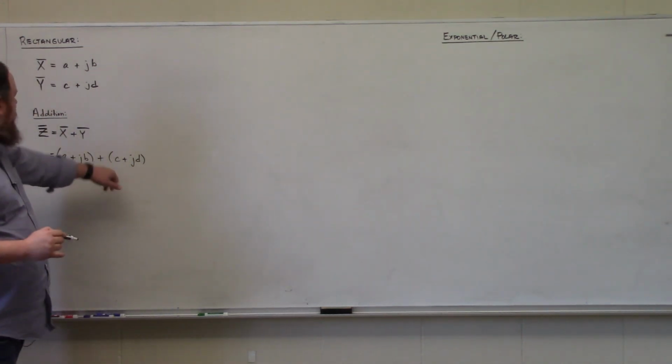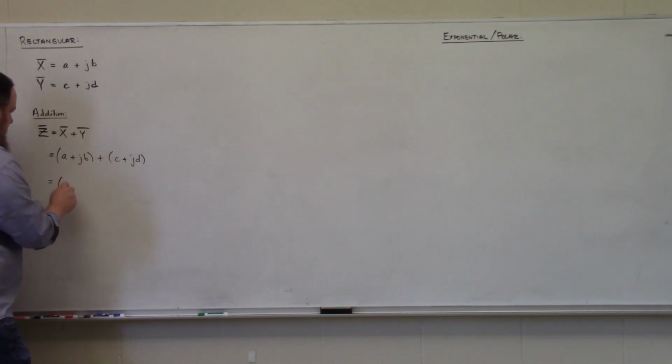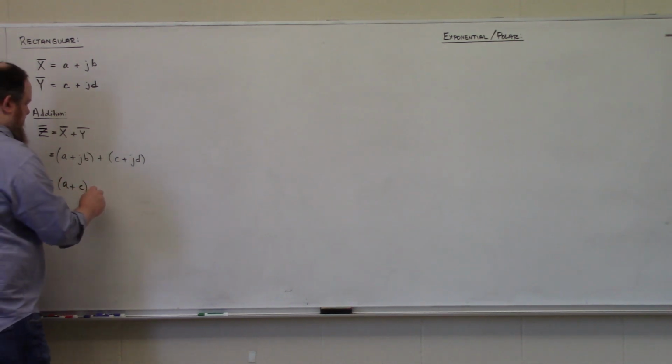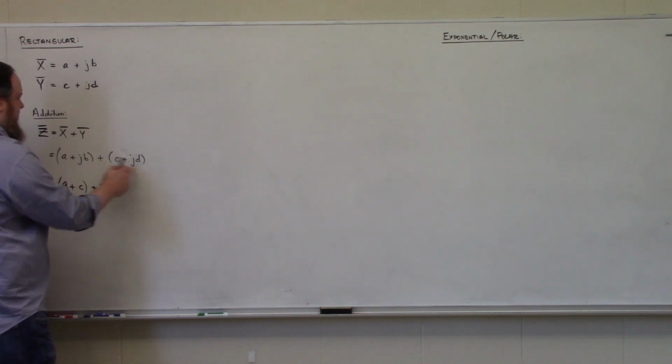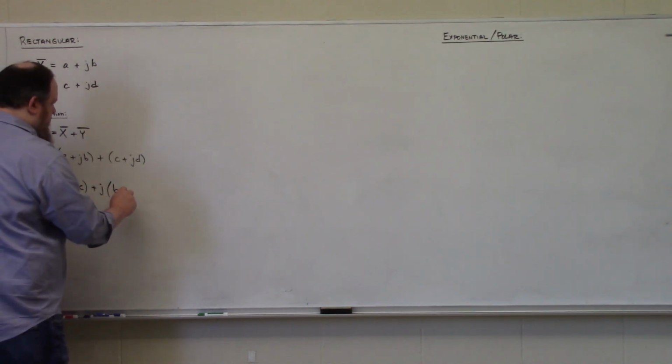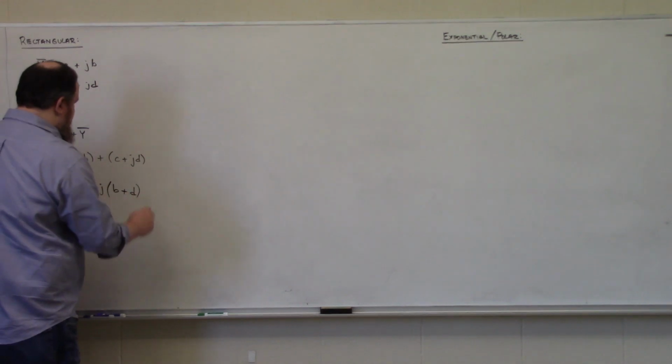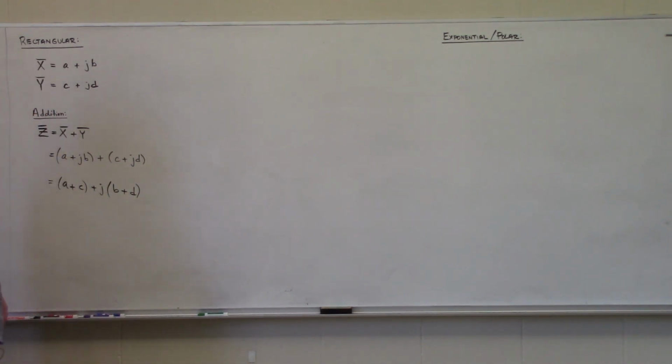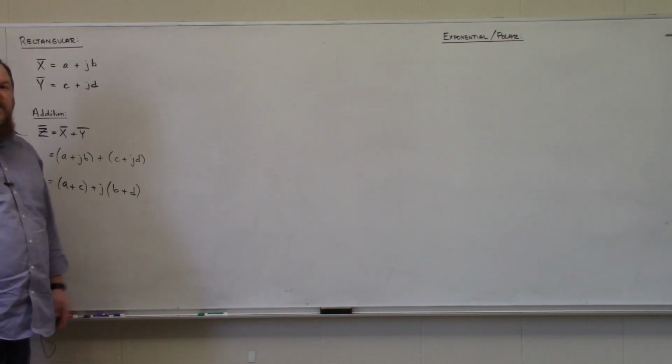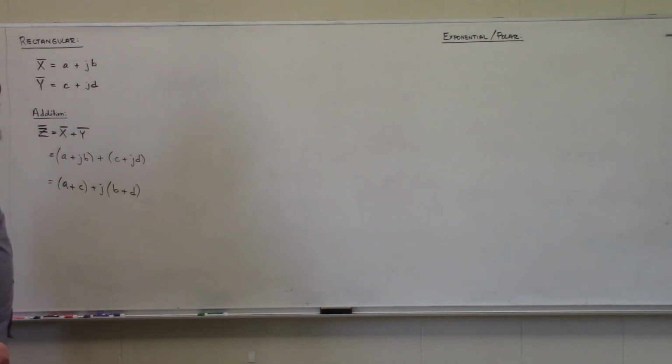We're going to add the real parts together so that we'll have a plus c plus j, and now we add the imaginary parts together, b plus d. So this is how we perform the mathematical operation of addition using complex numbers. The real parts add together, the imaginary parts add together, giving us a complex number of a rectangular form.